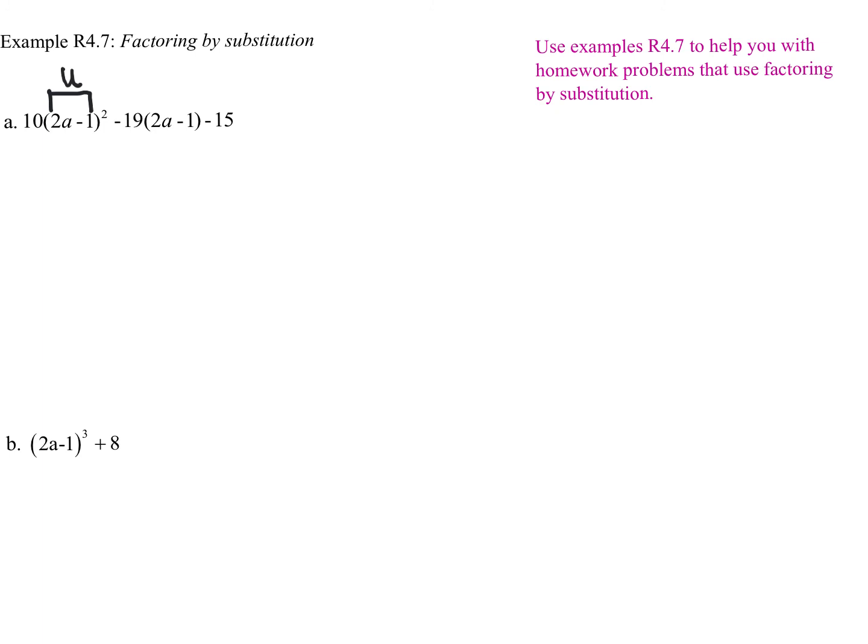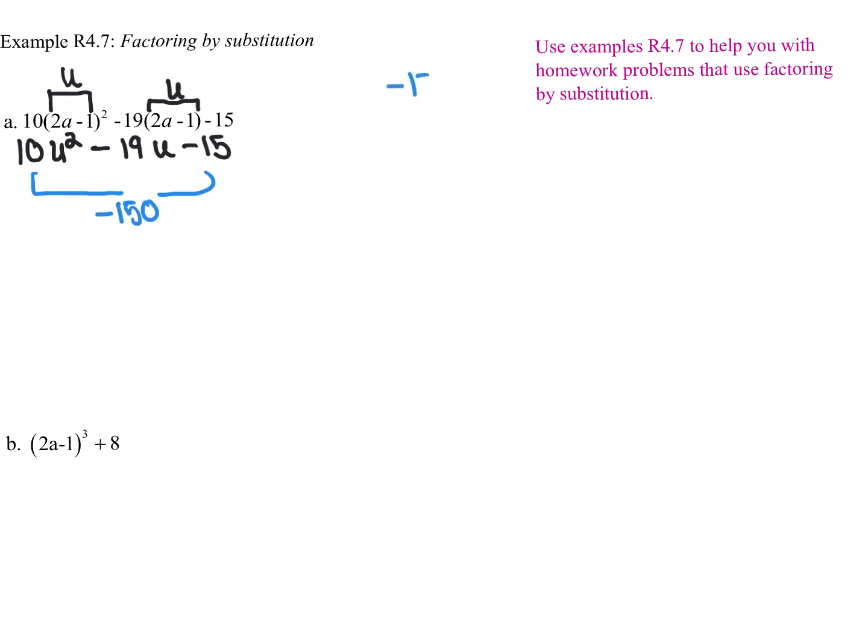I'm going to rewrite this. This is 10u squared minus 19u, remember, I called 2a minus 1 u, and then minus 15. This now looks like factoring trinomials that we did earlier in this video, where I do the a times the c. So 10 times negative 15 is negative 150.